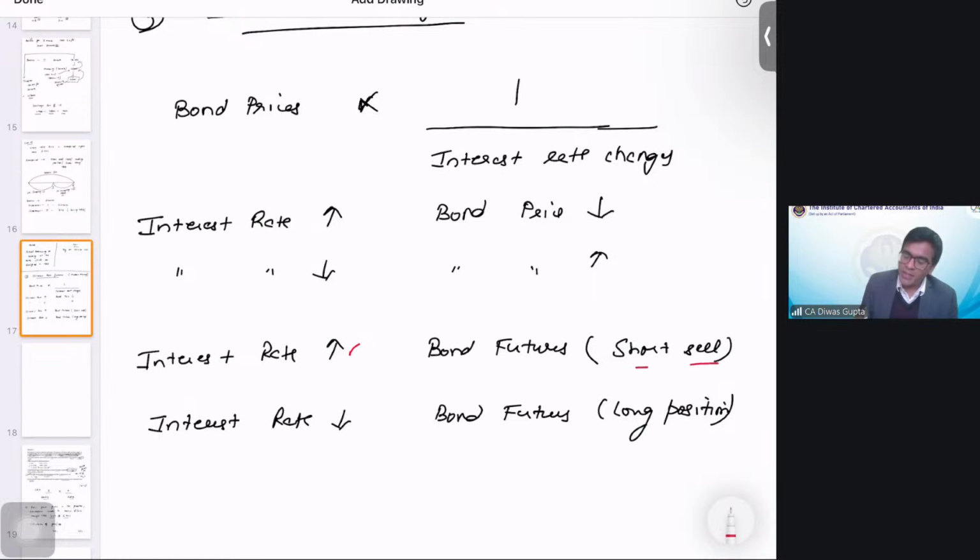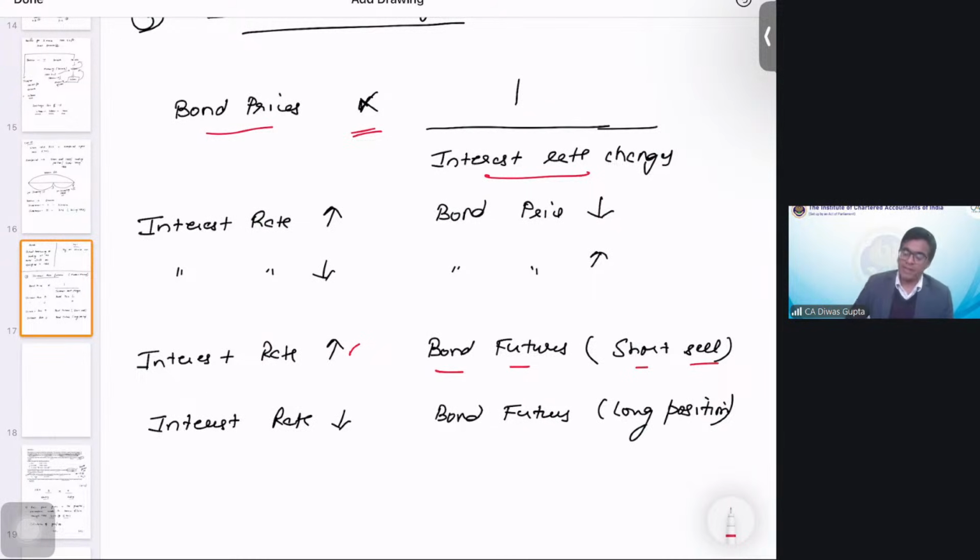Then you will do a short selling of the bonds futures. Just do remember, the general phenomenon is that if the interest rate increases, we take a long position, right? That would have been true if they are directly proportional, but in reality they are inversely proportional. So you will have to short sell the bonds futures. Okay?